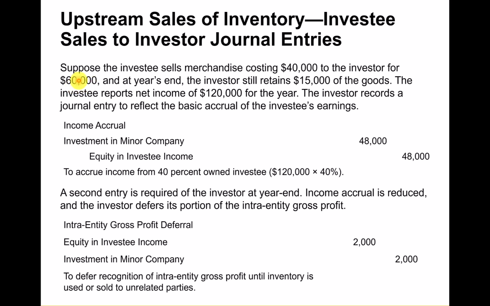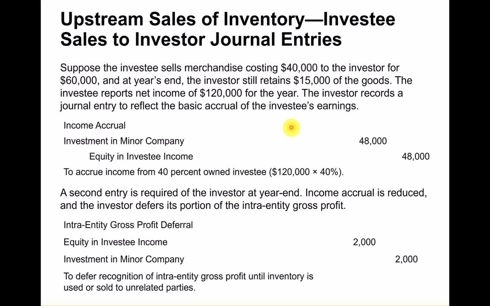Of the $60,000 sold to that investor, the investor still has a quarter of it, 25% or $15,000 of merchandise. So 1/4 of the $20,000 profit, 60 minus 40, cannot be reported, has to be deferred.